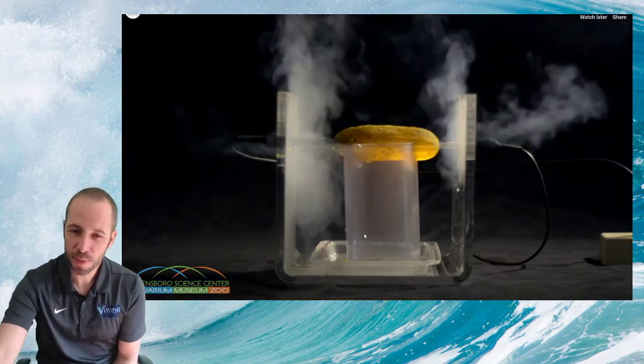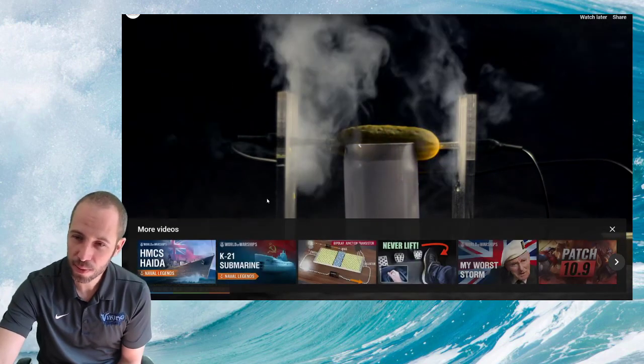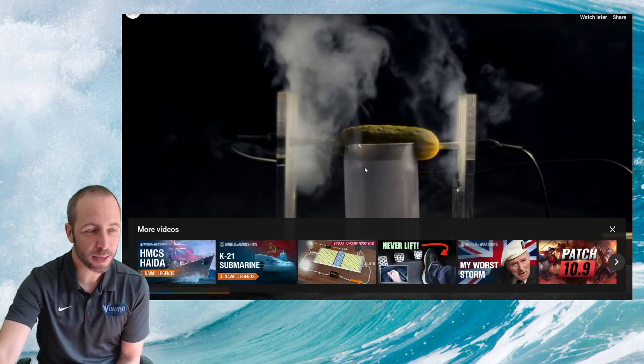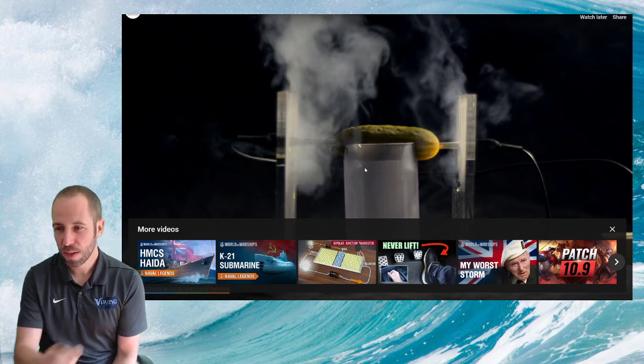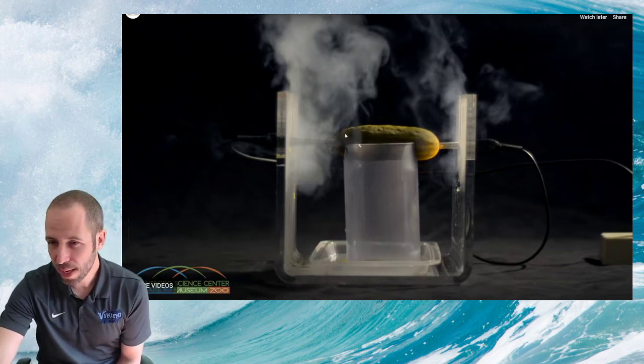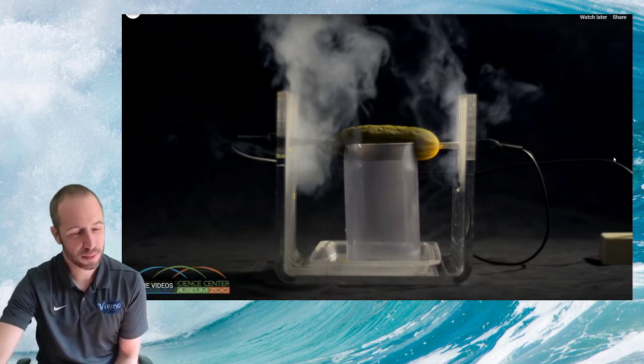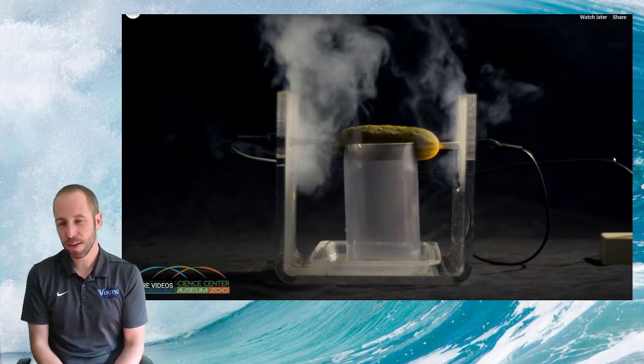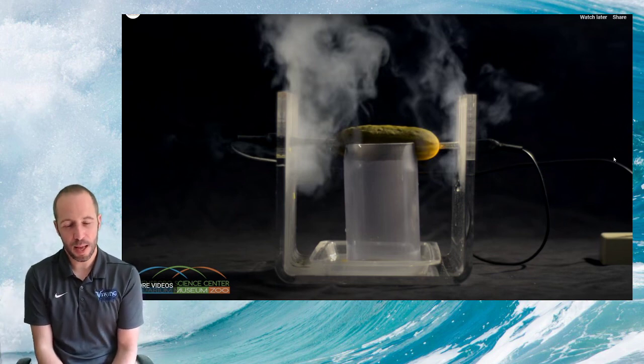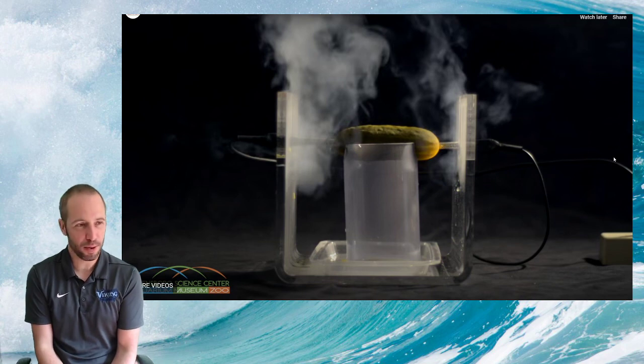And one thing you'll see is that the energy going in is causing the atoms to wiggle faster in the pickle. So did you notice that you've got steam shooting out both ends? That's because those atoms have been accelerated by the electricity. They've been given a lot of speed, which we would also call thermal energy at this point because it's small scale and disorganized. And that's why you got steam shooting out both ends.